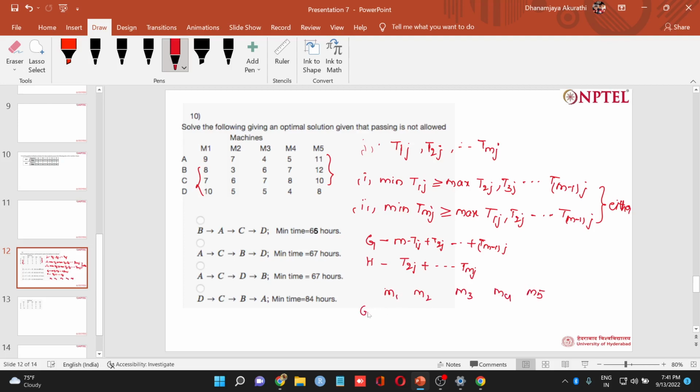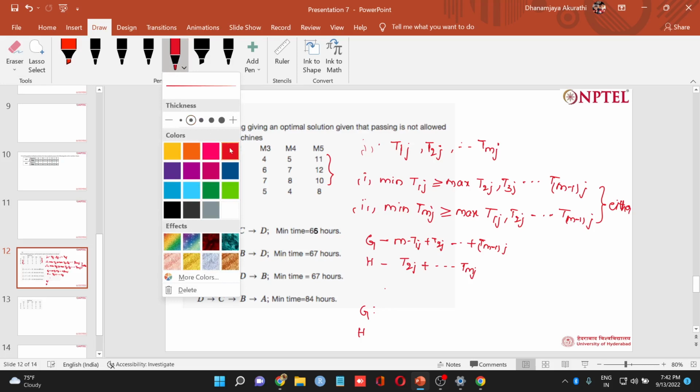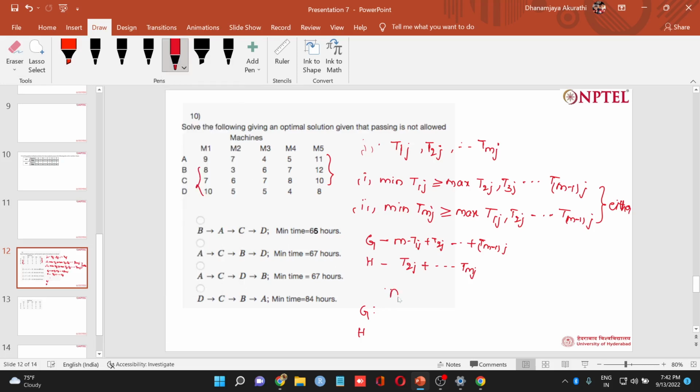We are converting into the two missions case. The jobs are A, B, C and D, the 4 jobs. We are converting 5 missions into 2 missions.